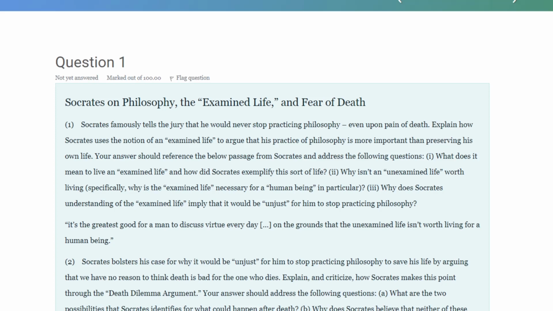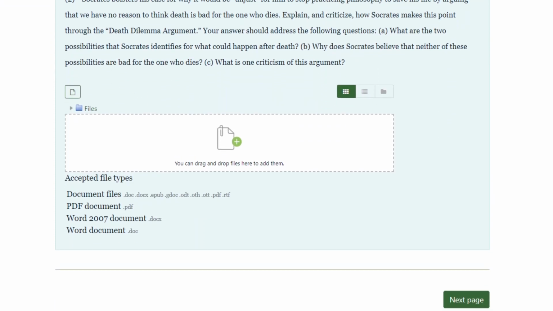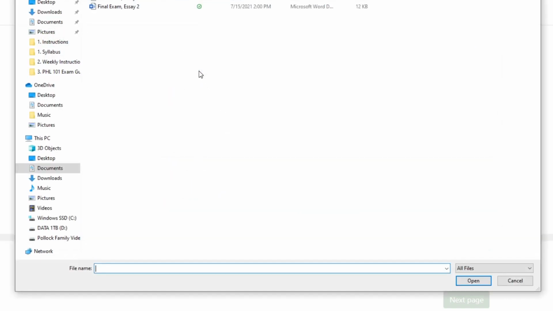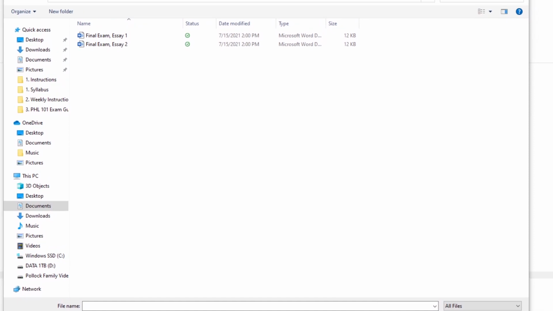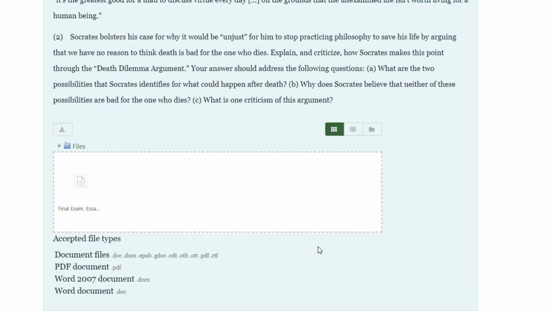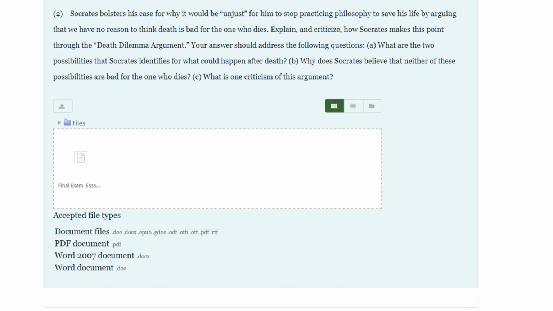To upload my essay in response, I would simply scroll down to where the program allows me to attach files. Then I would go to the next page and do the same thing for the second question.